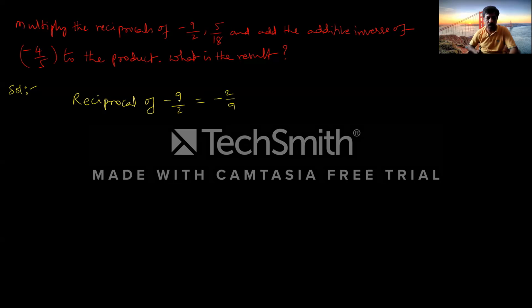Multiplicative inverse of minus 9 by 2 or reciprocal of minus 9 by 2 is minus 2 by 9. In reciprocal, just we change the numerator and denominators. Sign is same. Now, reciprocal of 5 by 18, that is 18 by 5.